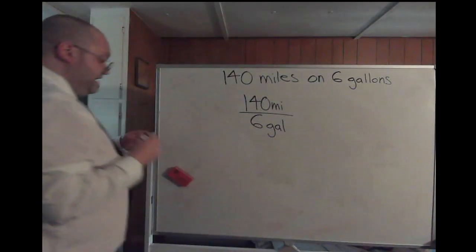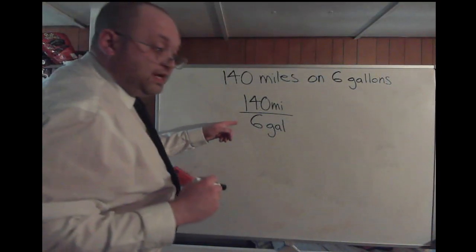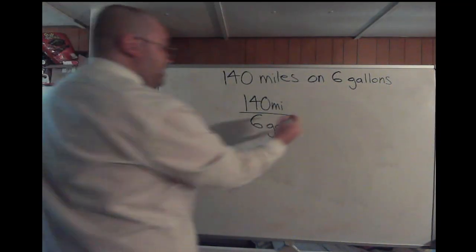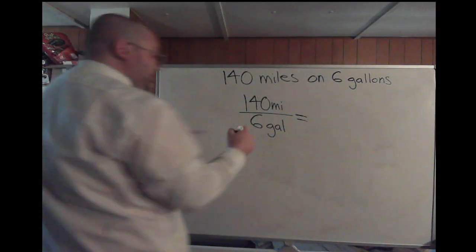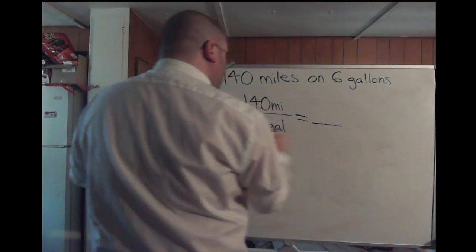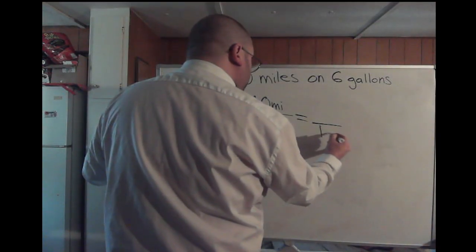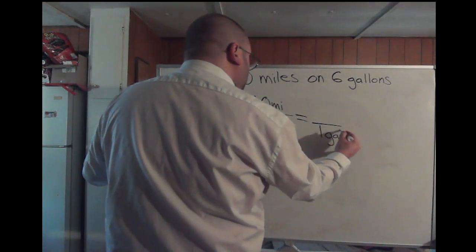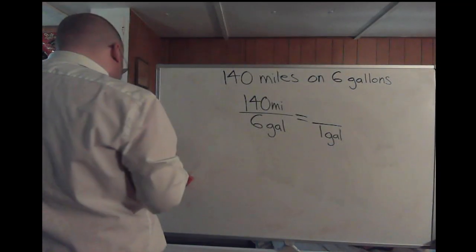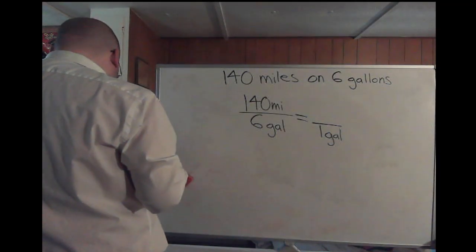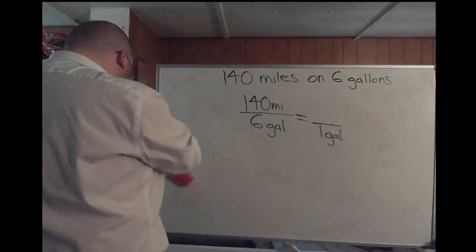We want to find how many miles they'll get for 1 gallon. So what you're going to have to do is divide both the numerator and denominator by 6. Divide the denominator by 6, you'll just get 1 gallon. Now we got to divide 140 divided by 6.